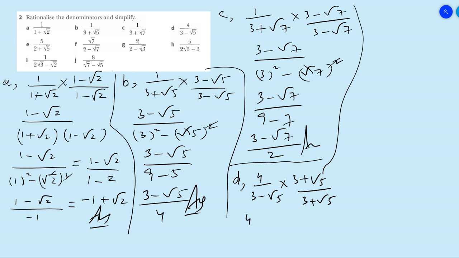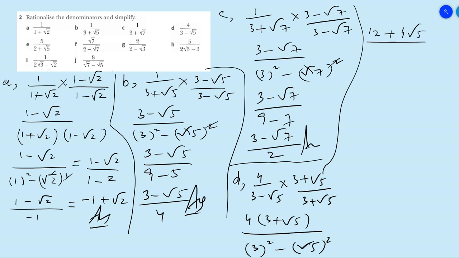Multiply 4 by (3 plus root 5), upon (3 plus root 5) into (3 minus root 5), which is 3 square minus root 5 square. 4 threes are 12, and 4 into root 5 is 4 root 5, upon 3 square is 9, and the square and root cancel, 5.